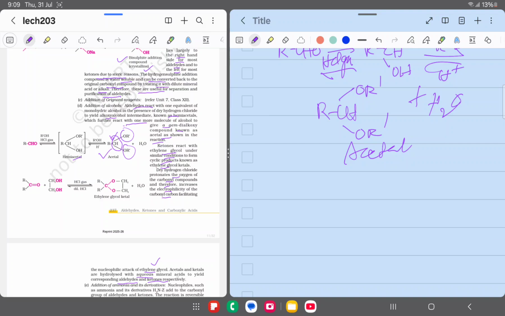Acetals and ketals are hydrolyzed with aqueous mineral acids to yield the corresponding aldehydes and ketones.